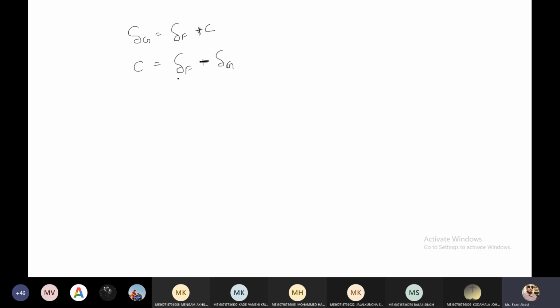Now, what is delta F and what is delta G? This we already discussed yesterday: the deflection for the full length leaf.